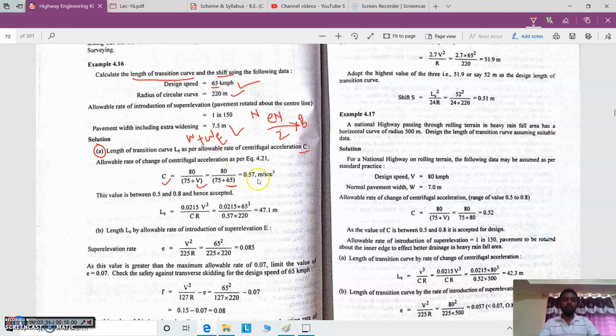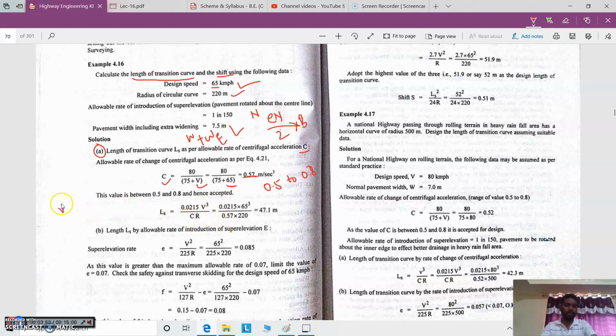So here the value will be 0.57 and it is in between 0.5 to 0.8, so the value is acceptable. The centrifugal acceleration is considered to calculate the length of transition curve, that is Ls equal to 0.0215 V cube by CR, where the speed is considered in kmph.